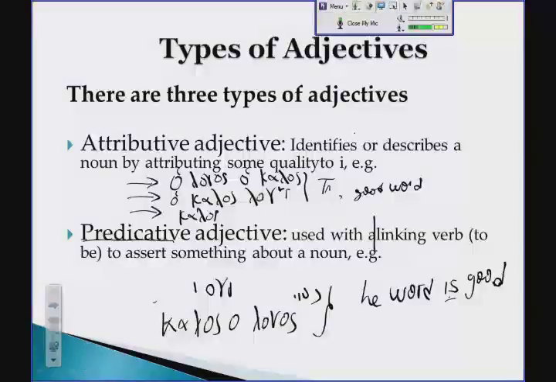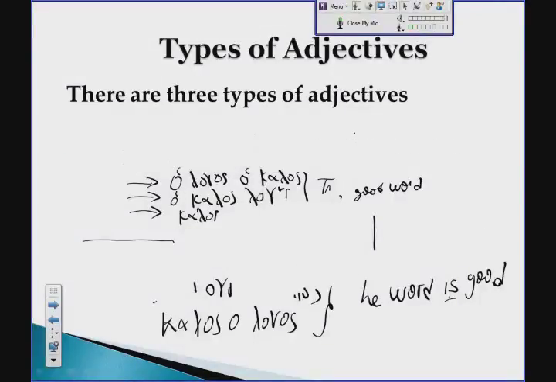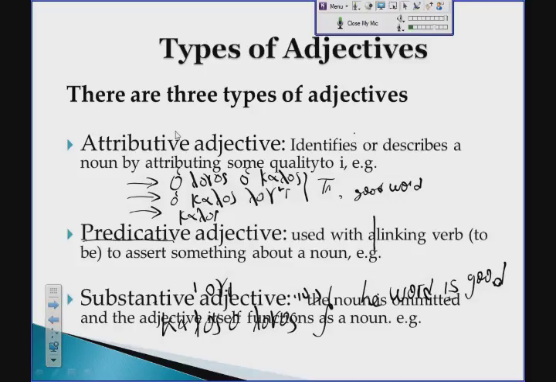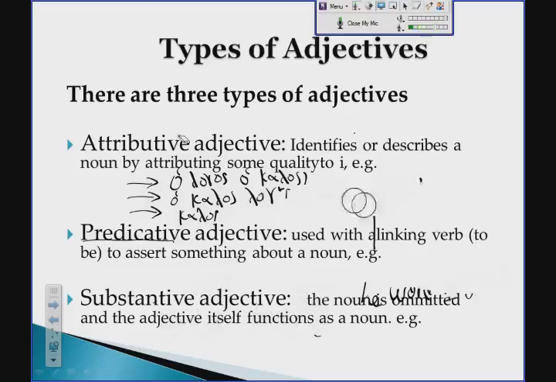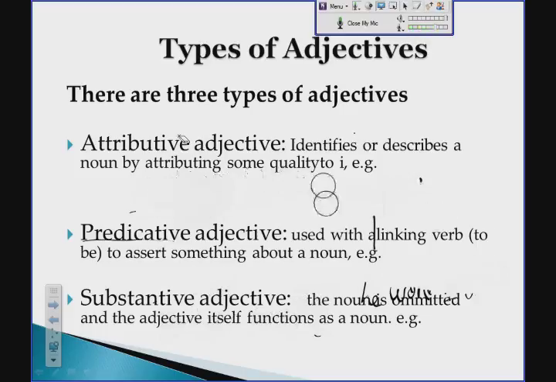Let's see the third one. The so-called substantive adjective. What is happening with the substantive adjective?